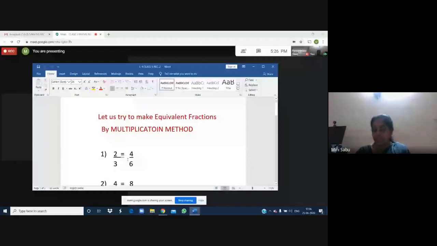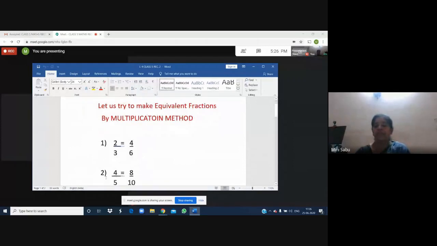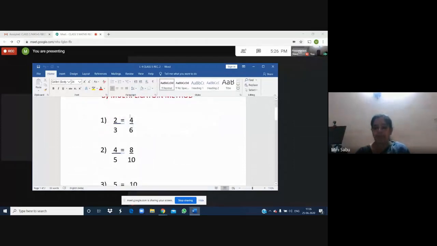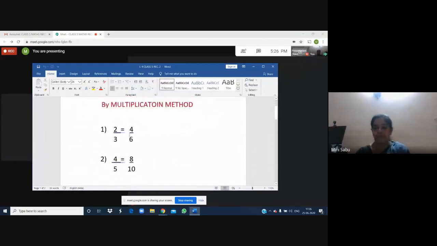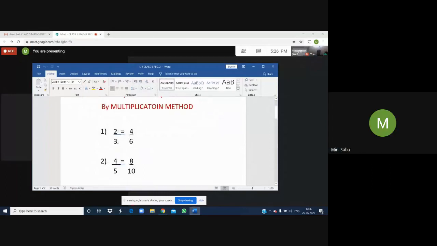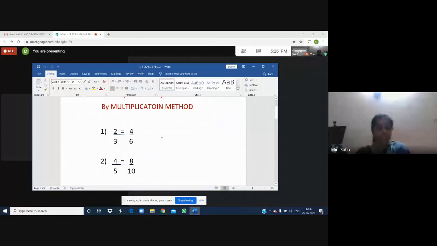That means when the numerator and denominator are multiplied by the same number, we get another fraction, and that fraction is called an equivalent fraction. So I have given here one example only. But if you multiply here by 3 and here by 3, you will get one more new fraction. Multiply by 4, you will get another new fraction.